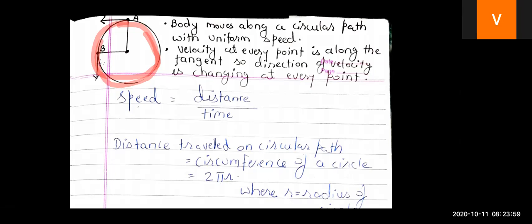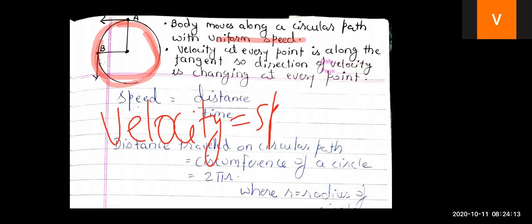So here the body is moving on a circular path and its velocity is not constant, but its speed is constant, because we know velocity is speed plus direction.